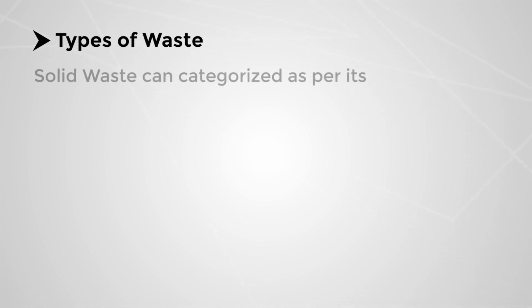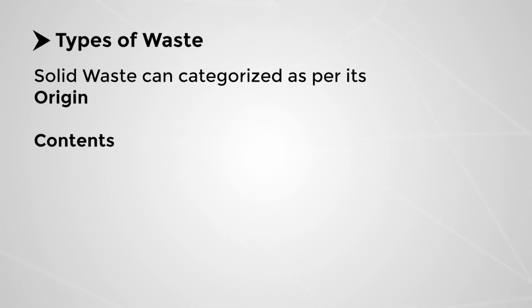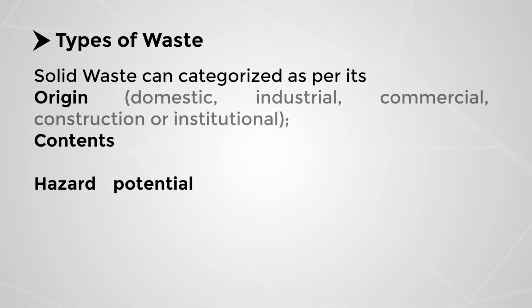Types of waste. Solid waste can be categorized on the basis of its origin, content and hazard potential. Under the category of origin, we include domestic, industrial, commercial, construction and institutional.